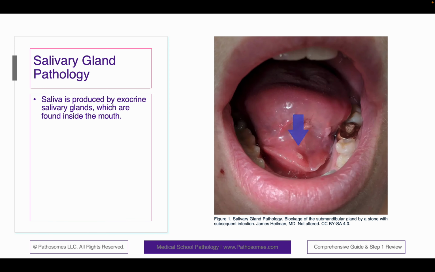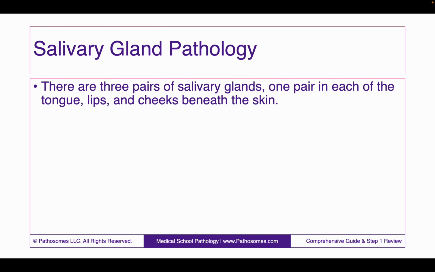So, salivary gland pathology. Well, as we know, saliva is produced by exocrine salivary glands, which are found inside the mouth, right? There are 3 pairs of salivary glands, 1 pair in each of the tongue, lips, and cheeks beneath the skin.